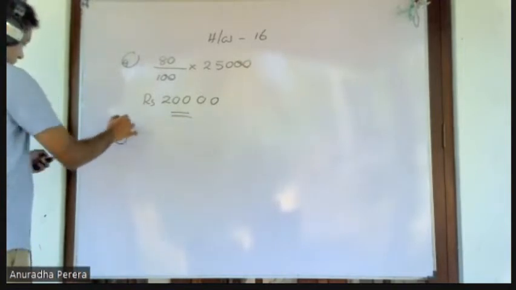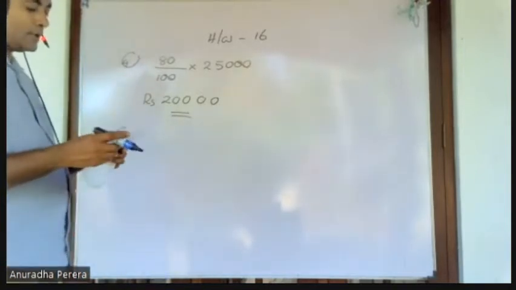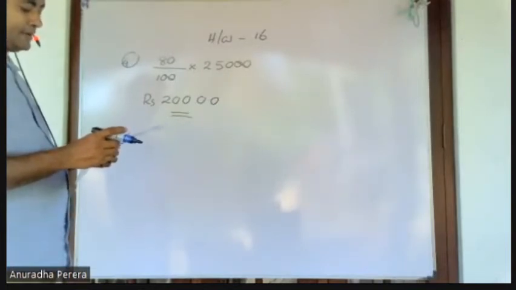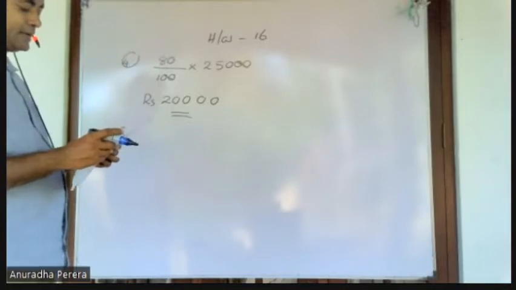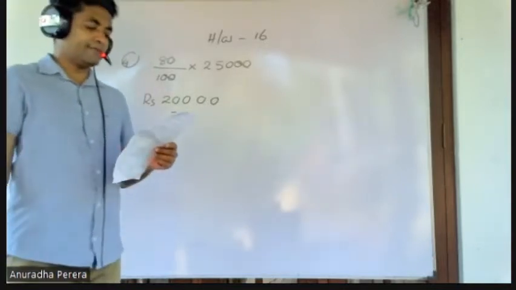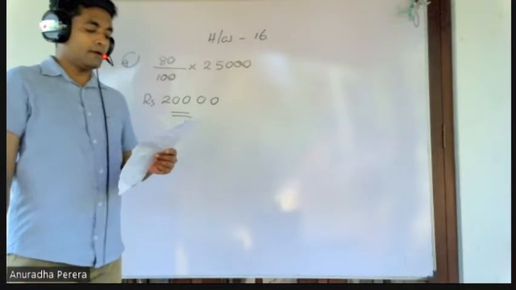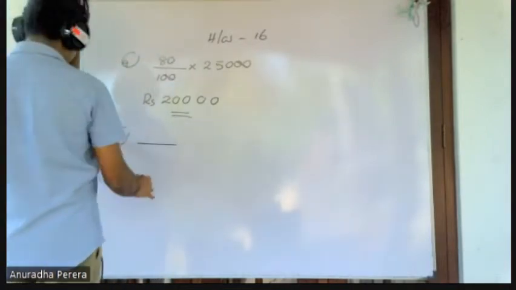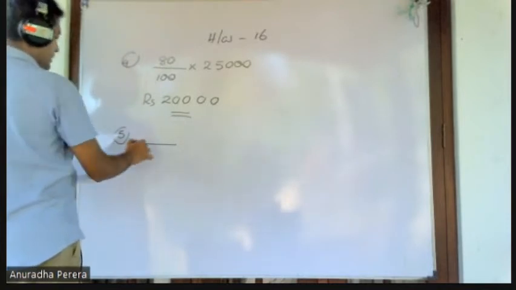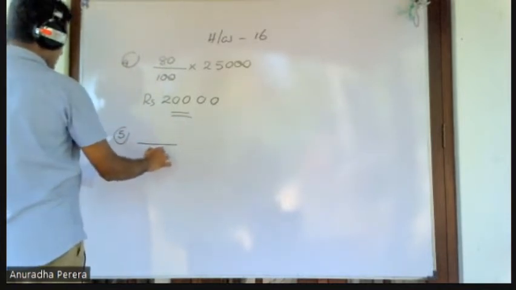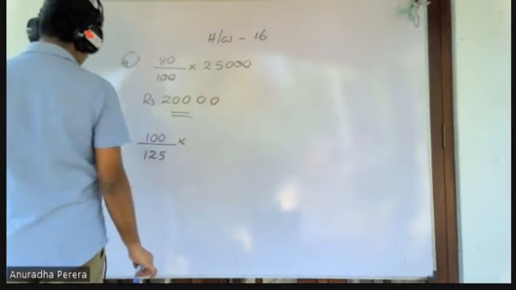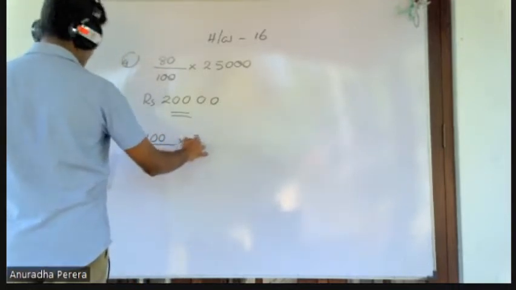Yes. Right. Question number 5. If a vendor earns a profit of 25% by selling an item for 5,000, calculate its purchase price. We need the purchase price. The selling price is given. It is 5,000. You can use this relationship. According to this one, if the selling price is 125, the buying price is 100. But the selling price is given as 5,000.